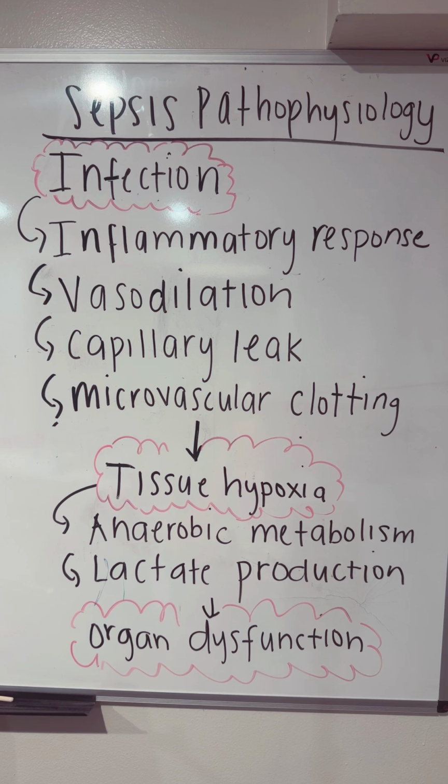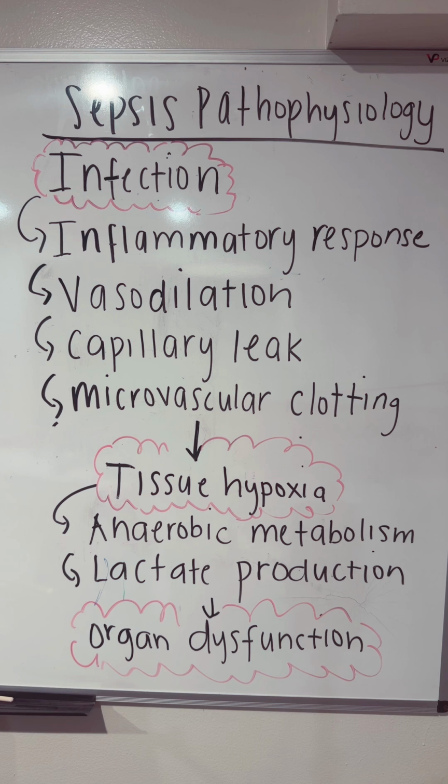And when this happens, anaerobic metabolism occurs to try to make oxygen for the tissue to function. A byproduct of anaerobic metabolism is lactate. So lactic acid is a byproduct of anaerobic metabolism.